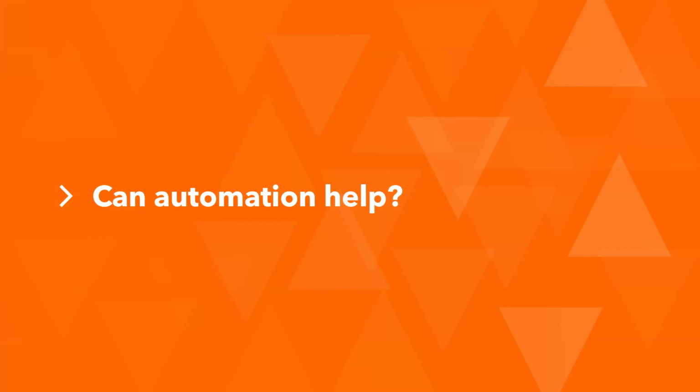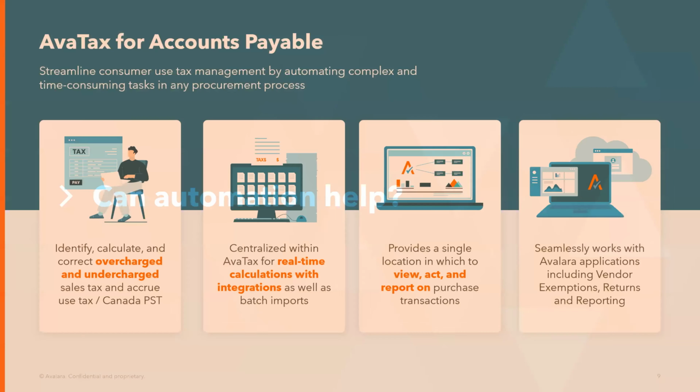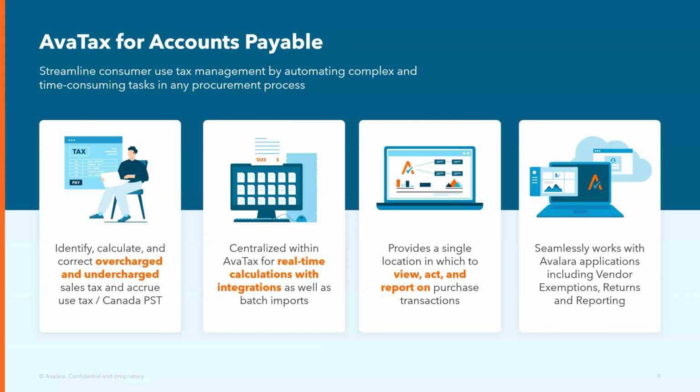Now, there are many ways to automate consumer use tax behind the scenes, and that's exactly where Avalara's AvaTax for Accounts Payable comes in. AvaTax for Accounts Payable is a part of the tax engine now within the Avalara portal, and it is a plugin on the back end within Business Central. It can assist with calculating amounts, informing you whether you have been overcharged or undercharged.